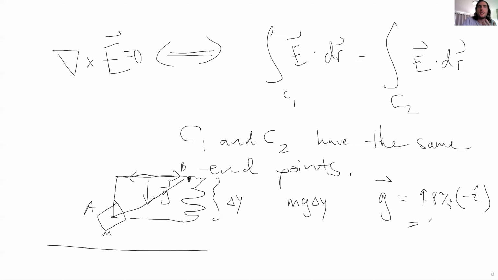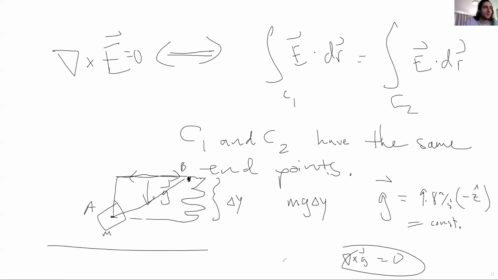So essentially g is a constant vector. If I take derivatives of g, I get 0. So the curl of g is obviously 0, right? Because I have to take derivatives to do the curl. If I take derivatives of a constant, I get 0. So every component here will give me 0, just like the other case, right? So g is also conservative.